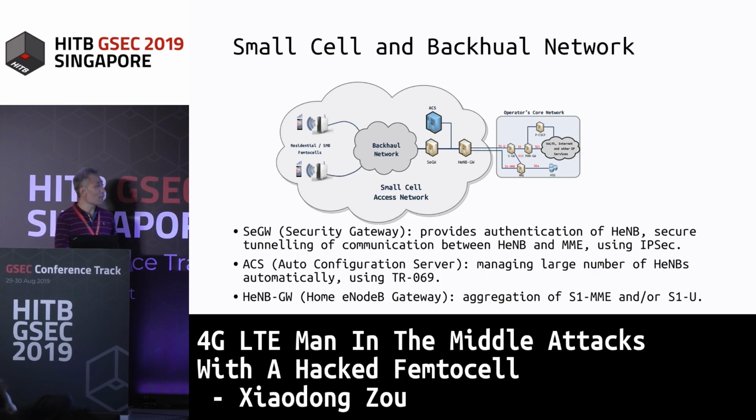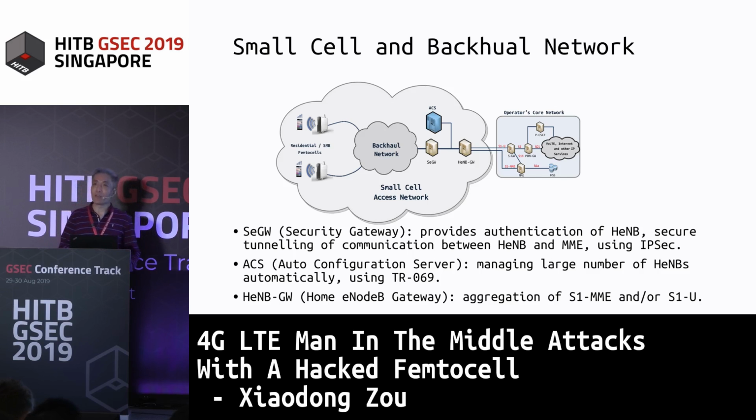The first one is SeGW, which means security gateway. It provides IPsec for authentication and encryption of the communication between home eNodeB and MME. These are home eNodeBs, also called femtocells or small cells. And the second one is ACS, the auto configuration server.